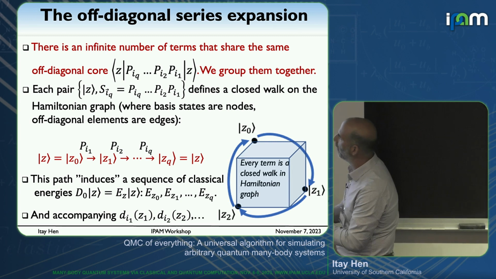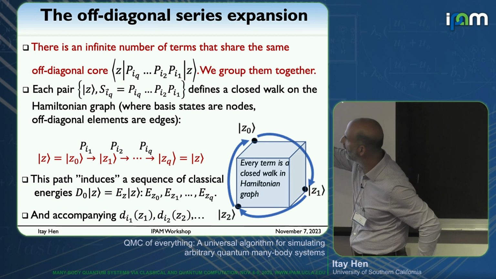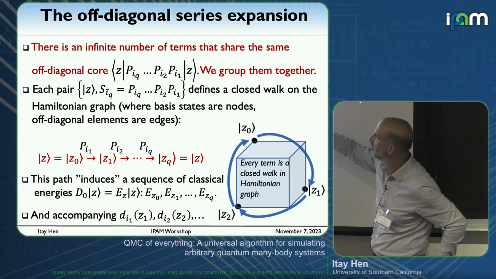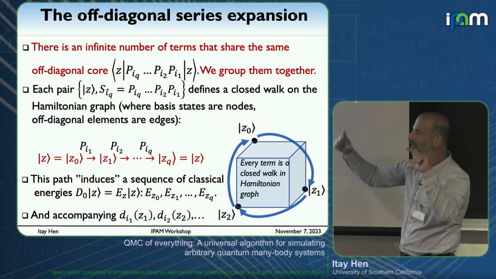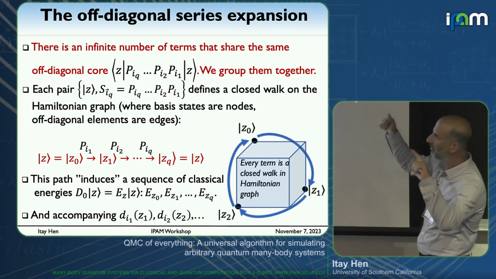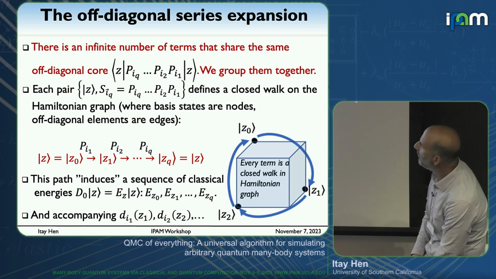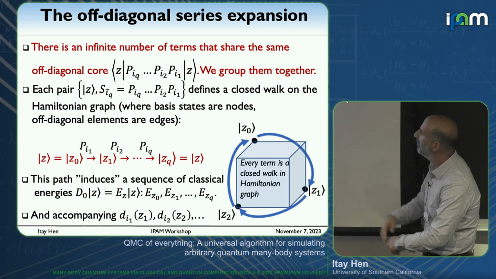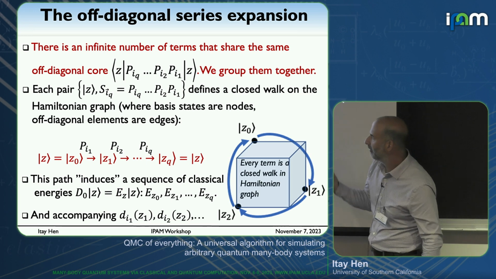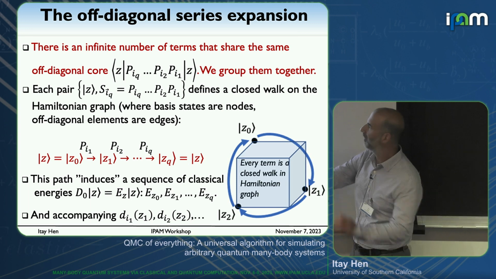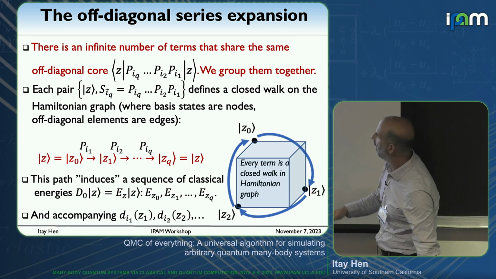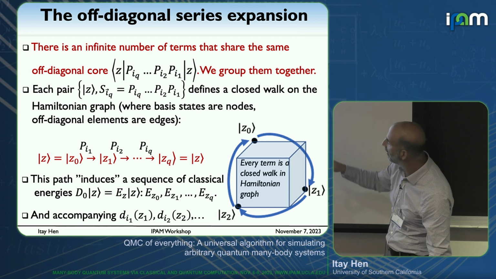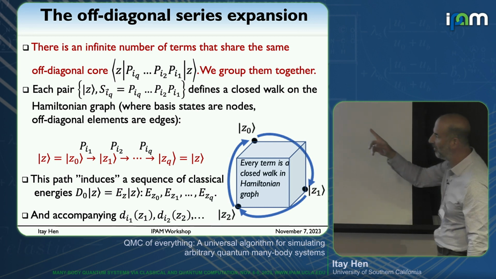But I want to focus on all the terms that I can add together. They are represented by a basis state and some product of p's. The product of p's is the core, and the constants depend on the z, because the matrix element depends on the z that you're acting on. So you can consider this pair of a basis state and a bunch of p's that act on it as a closed walk, and it has to be closed for the weight to be non-zero.